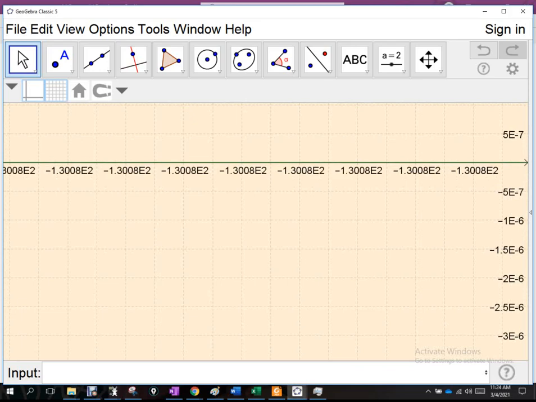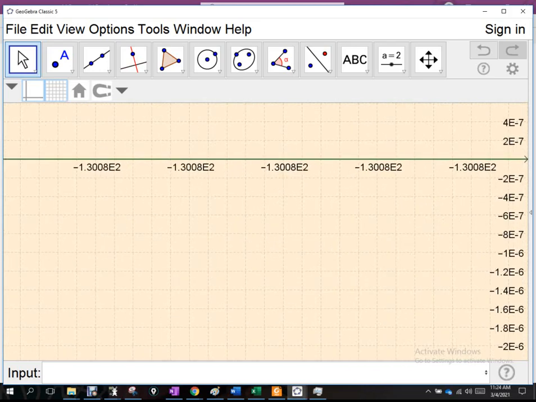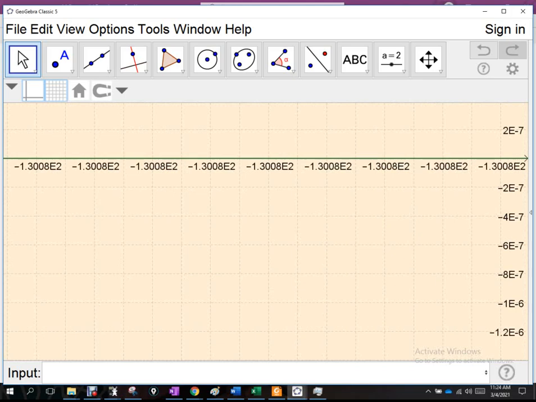E represents times 10. So it's telling me basically negative 1.3008 times 10 to the second there. So don't worry too much about that. It's just the notation that GeoGebra uses. You don't have to worry about that at all. Yes?